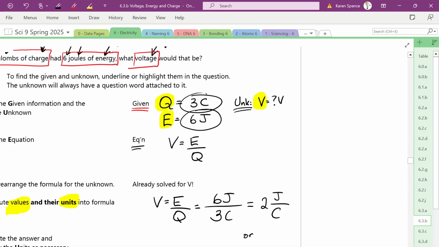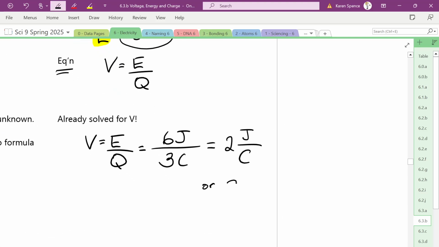Or if we want to rewrite it, 2 volts. And that's our final answer. And that is a reasonable number of digits because it is a round number. It's a whole number answer. It is also correct sig figs because we just have 1 sig fig and we have 1 sig fig.